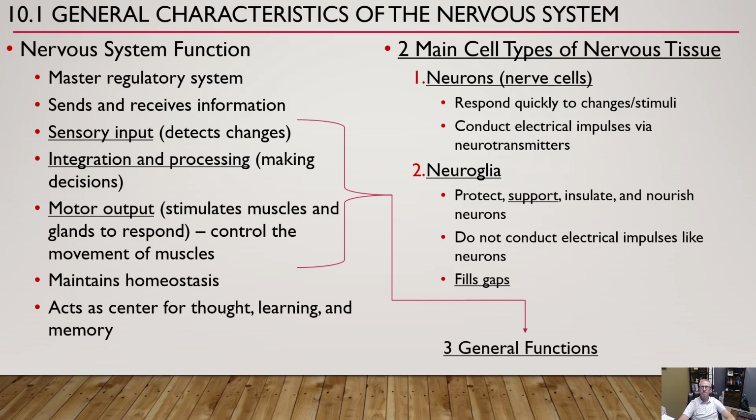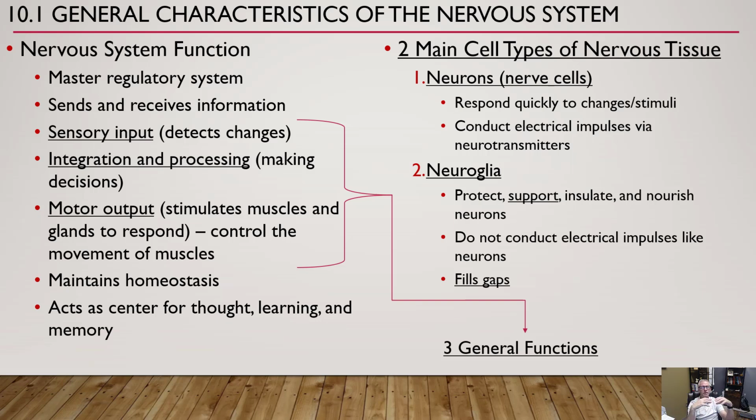And when we look at nervous tissue, we can break it up into two categories. Neurons, or nerve cells or nerves. Those are the types of cells that we really think of when we think of the nervous system.